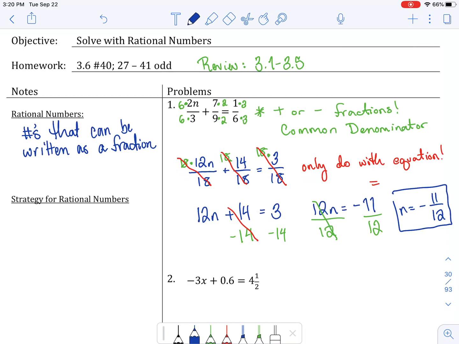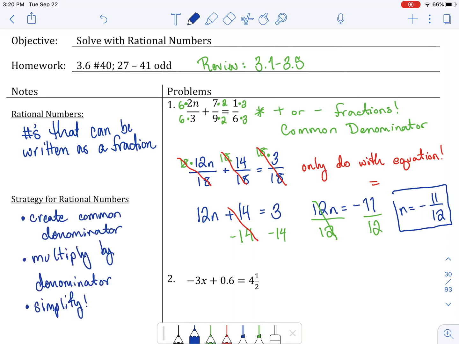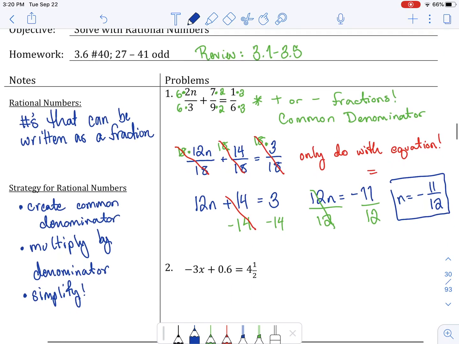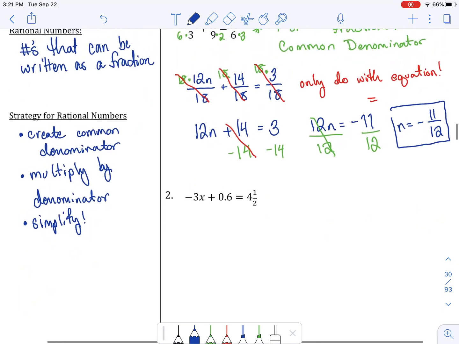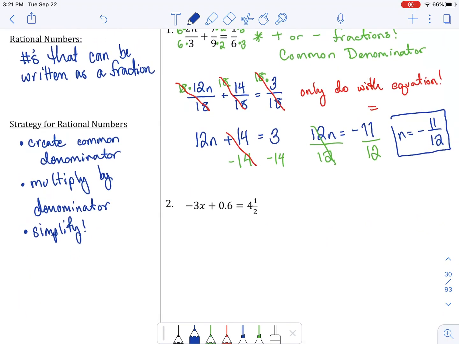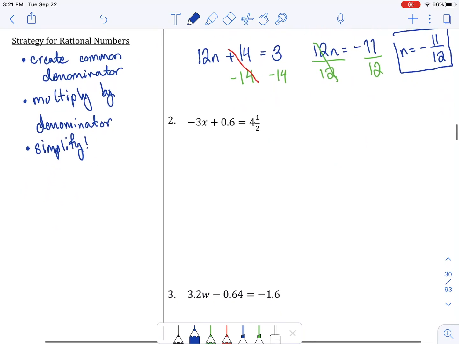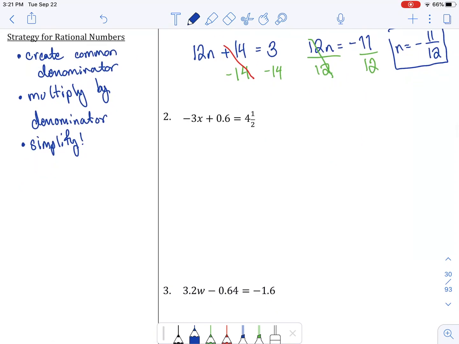So again, the strategy that we're using here, and the nice thing with this strategy is it works for things that are already looking like fractions, but remember, rational numbers are numbers that can be written as a fraction at all. So if I'm looking at here where I have a whole number, -3, a decimal, 0.6, and a mixed number, 4.5, these are all rational, and if we turn them into fractions, we can use this same strategy.